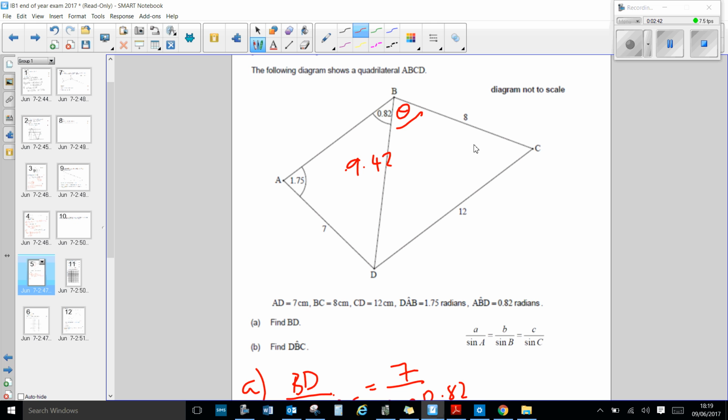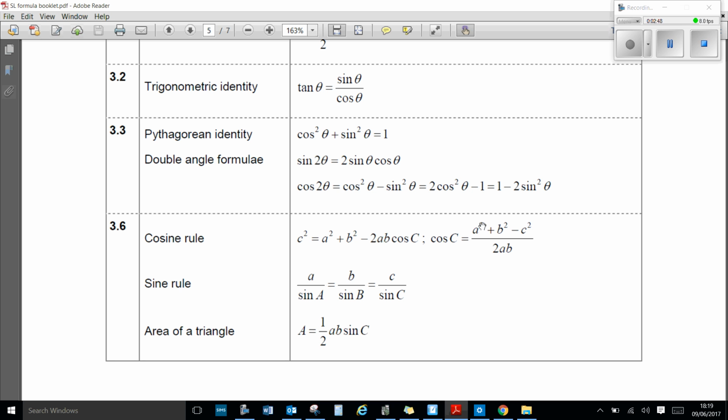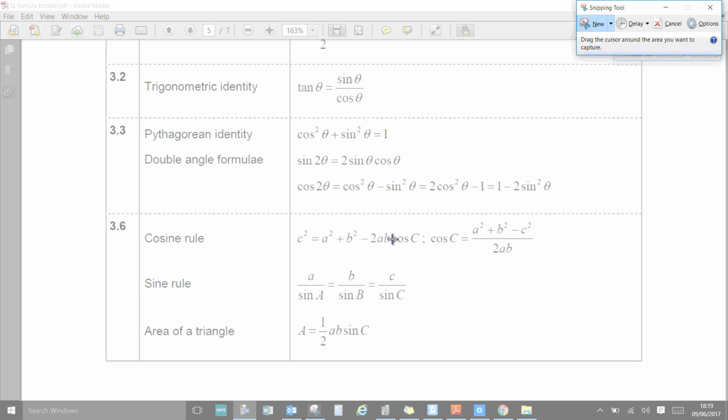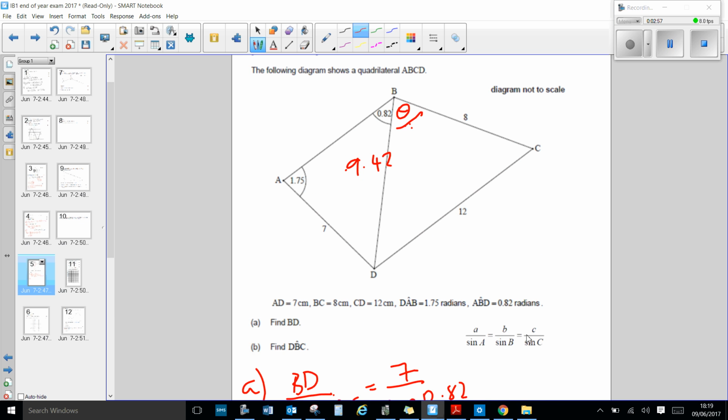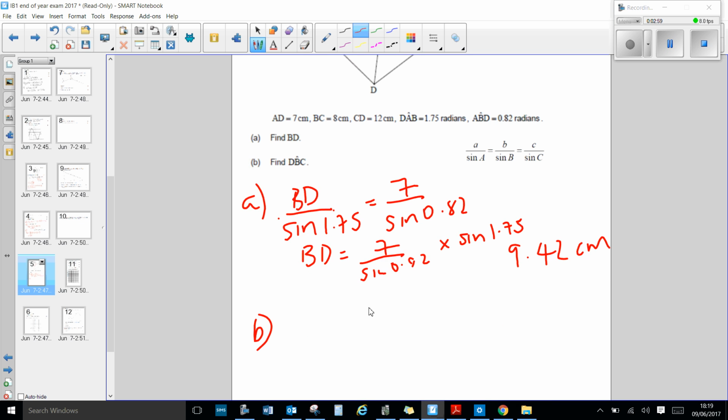So we're trying to find this angle here, and we're using the cosine rule, but this time the angle version, so this one here. If we're trying to find this angle, the length opposite it is the one that's going to be subtracted.